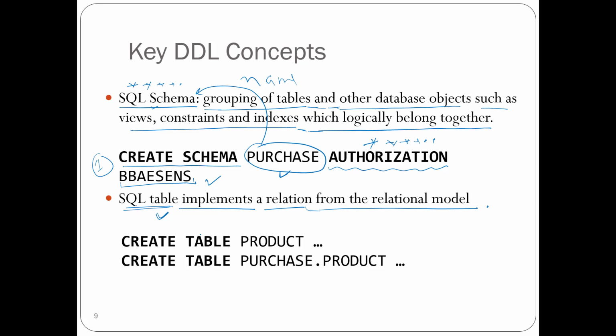Good. Now the question arises, okay, fine, we followed that. How to now implement these tables? How to define our tables? For that, I'm marking it as 2 and 3. We will use the same statement, which is create, but now we are not creating a schema. In fact, we are creating a table inside the schema. Therefore, in place of schema, we will say create table.